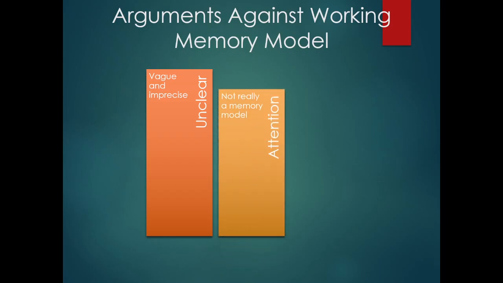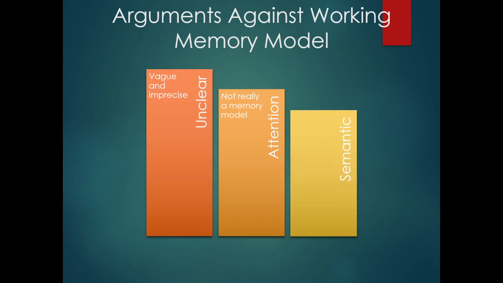It's not really that much of a model of memory. It's really describing how attention is applied. And the idea that you can apply attention to a phonological task and a spatial task simultaneously, that makes a lot of sense, right? It's an attention model. How it has gotten construed as a memory is kind of odd.